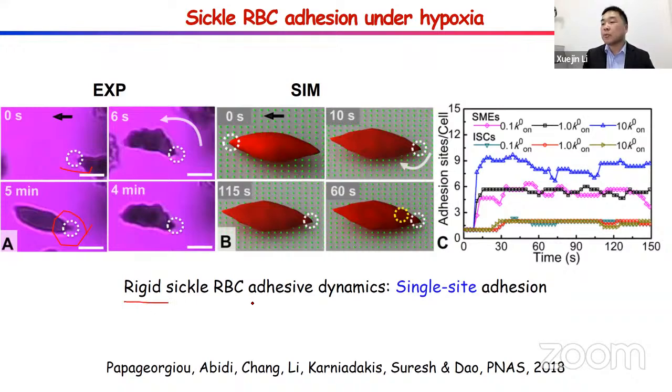So for the rigid sickle red blood cell, it's always single site adhesion, and our simulation can reproduce this process. Even though some temporary adhesion sites form, they are not steady. Finally, still only 1 adhesion site for the rigid sickle red blood cells.